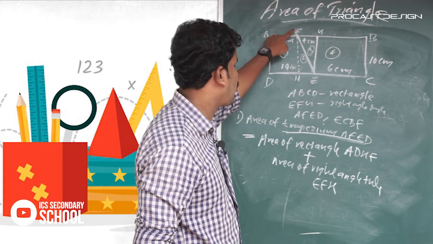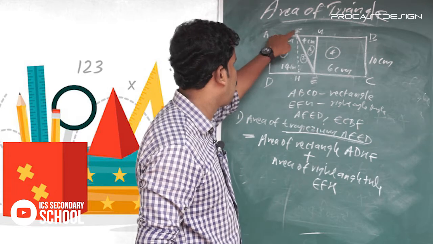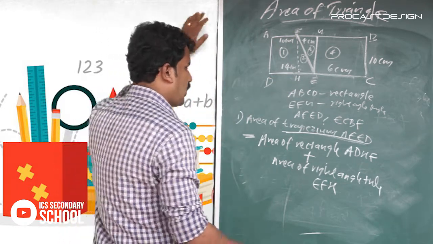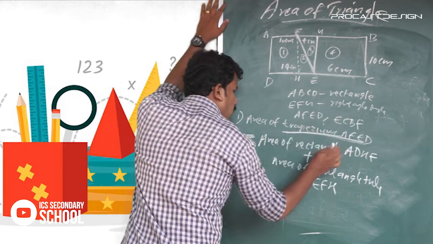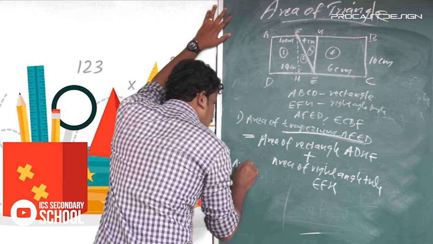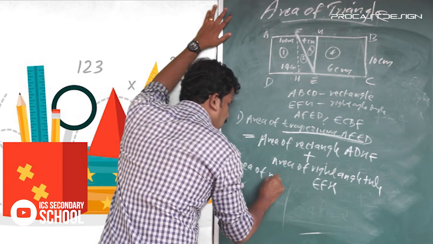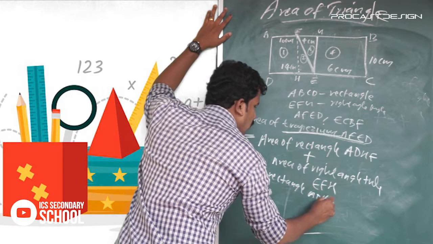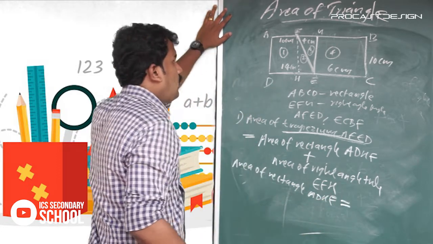Okay. So first we can calculate the area of rectangle ADHF. Here the side is 10 centimeter.